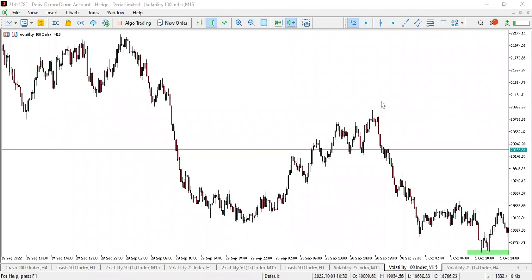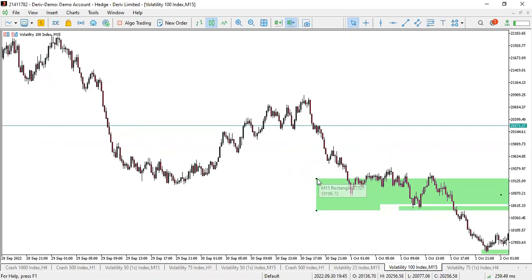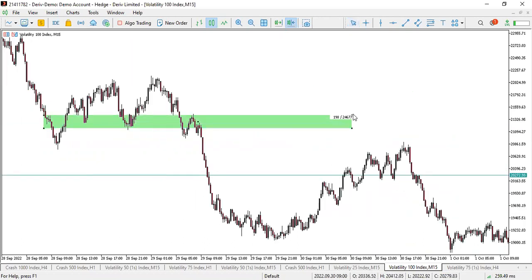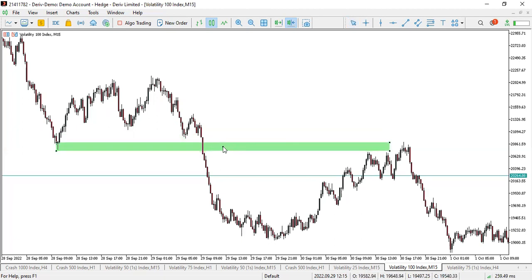So sometimes something like this can happen. Sometimes the ones that I wanted to show you are accurate flip zones.